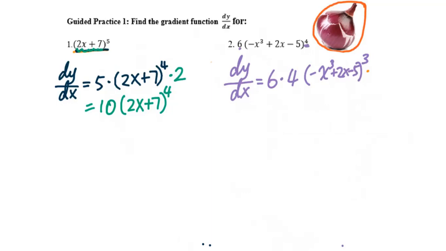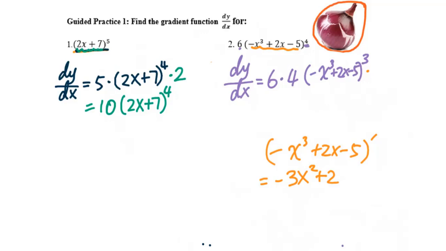Then you will work on the derivative inside. Negative x third power plus 2x minus 5. When you do the derivative, you will get negative 3x squared plus 2, because the constant number will be 0. So I will write down here negative 3x squared plus 2.